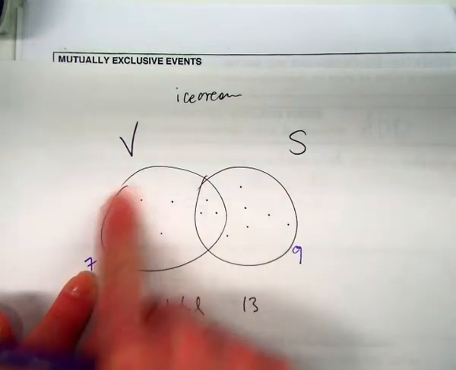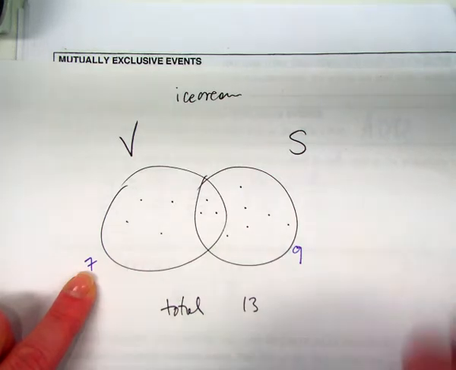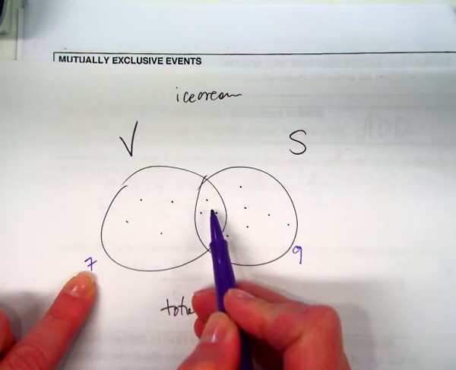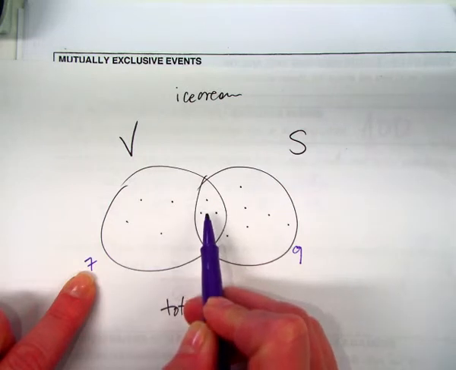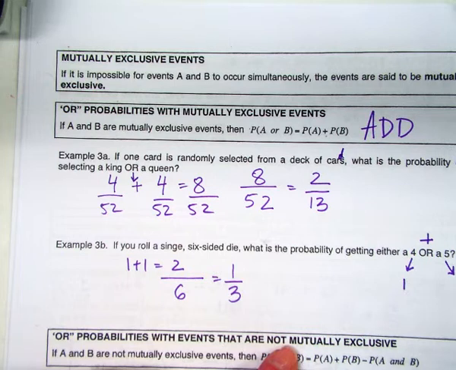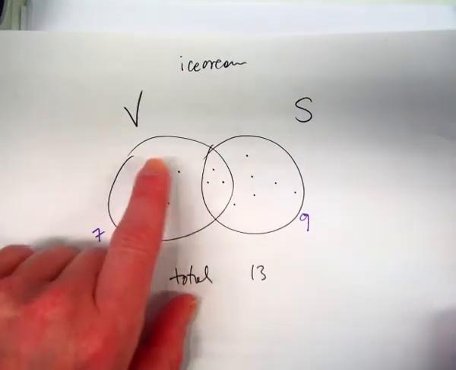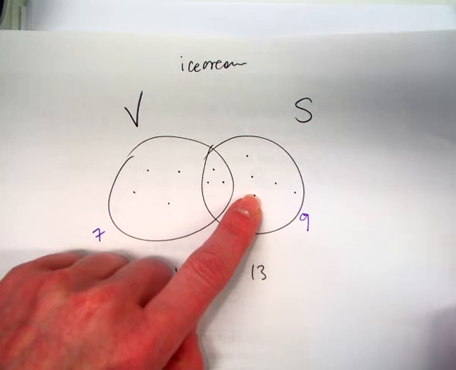However, how many people answered my question? Only 13. So what do I have to subtract from my total? The overlap that got counted twice. So that happens with the not mutually exclusive, meaning these 3 people could be in this category and they could be in this category.